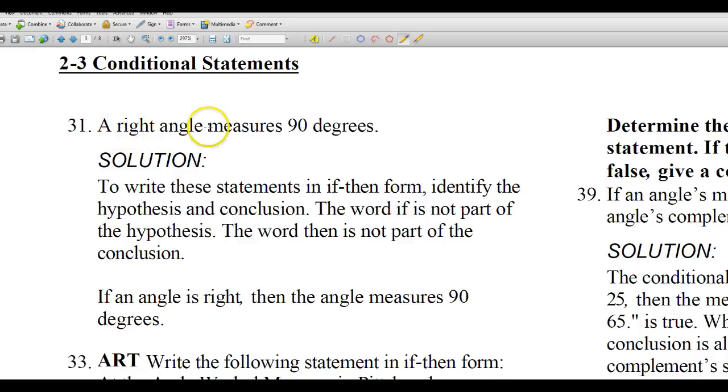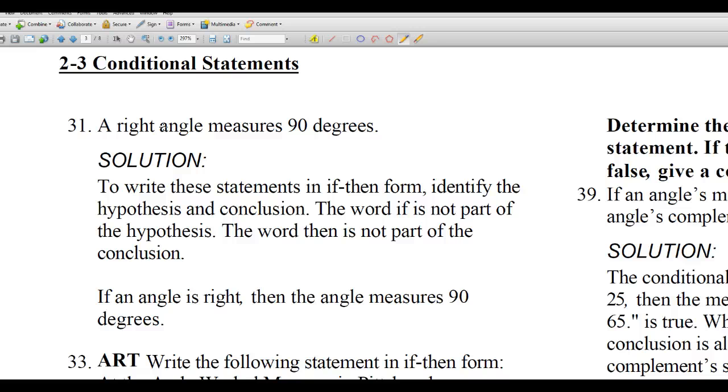Number 31, a right angle measures 90 degrees. Change this to if-then form. So the hypothesis deals with the type of angle. The conclusion deals with what condition is true based off of this initial condition.